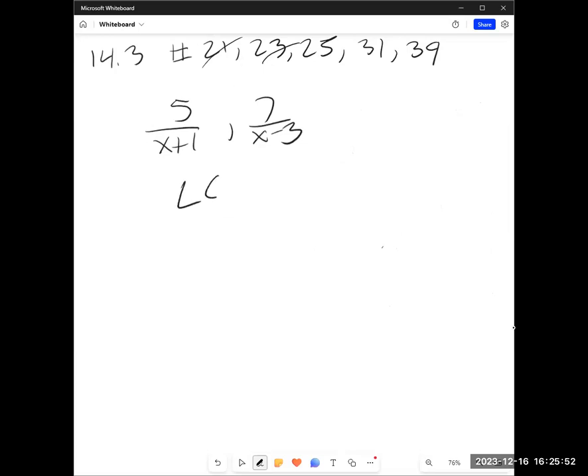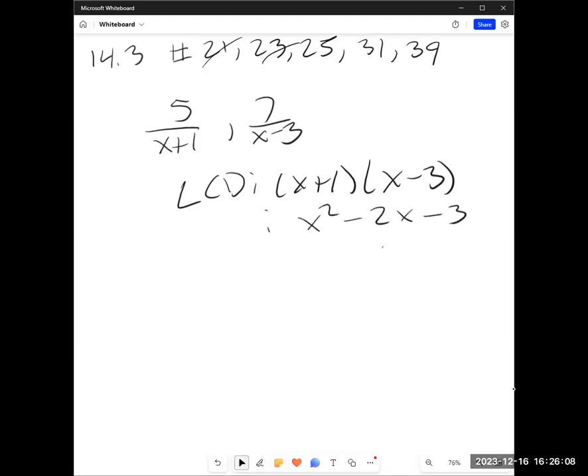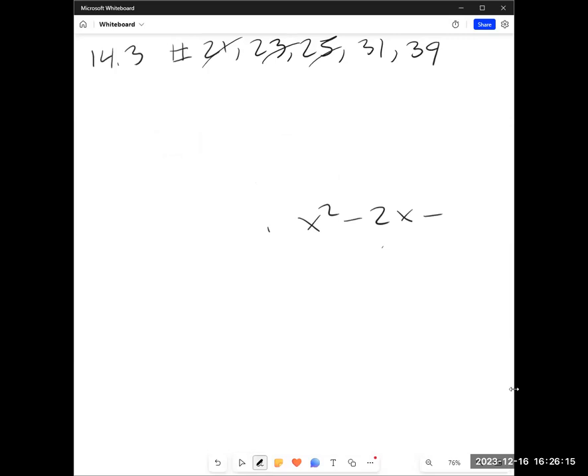So our LCD is just going to be x plus 1 times x minus 3, because we don't know what they are since we don't know what x is. We're just going to have to multiply them together. We can leave it in factored form, but if you want to multiply that together, it's going to be that. I'd leave it in factored form. It's going to be most helpful for you to do that, unless the problem tells you to do otherwise.